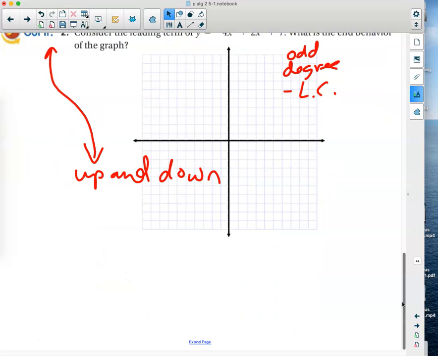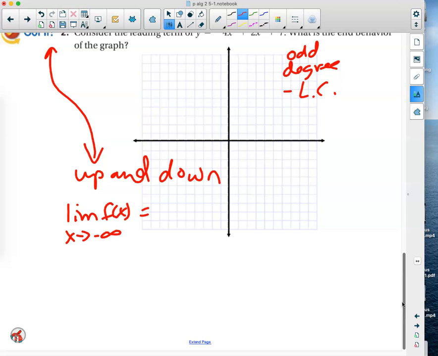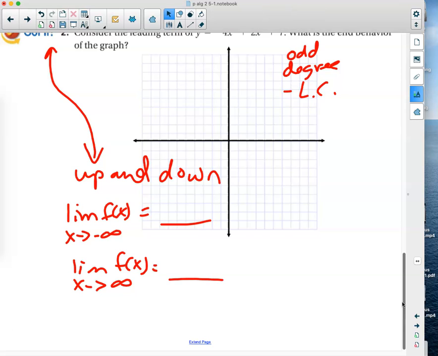And then I want to remind everybody that this will look a little different when you get to next year's classes, because we'll say the limit as x approaches negative infinity for f of x equals blank, and the limit as x approaches infinity for f of x equals blank. But this just says exactly what we just saw. If you're going to the left forever, that's negative infinity, where's the graph going? Well, it's going up.